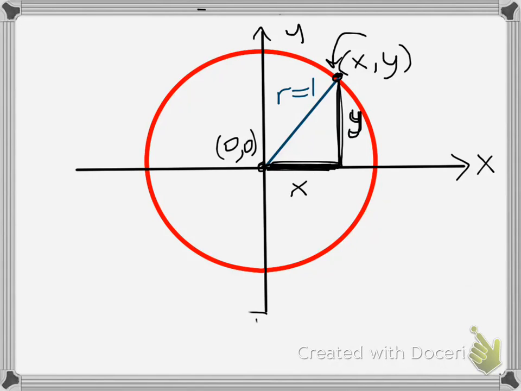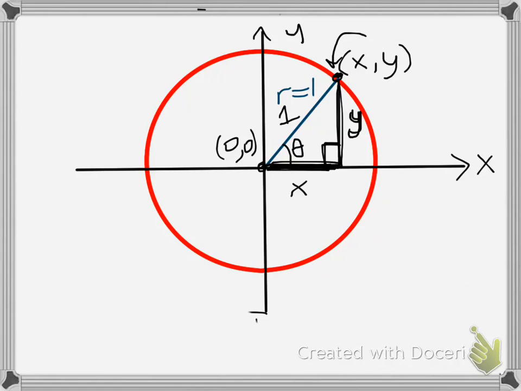So right here, we have a right triangle. And remember, the hypotenuse has length 1, because the hypotenuse is just the radius. So it's 1. So now, let's say we have an angle theta here.